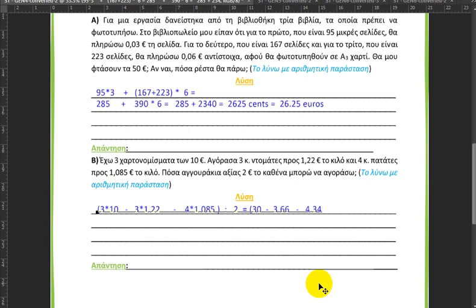Is that correct? One moment. Yep, that's correct. So since this is divided by 2.